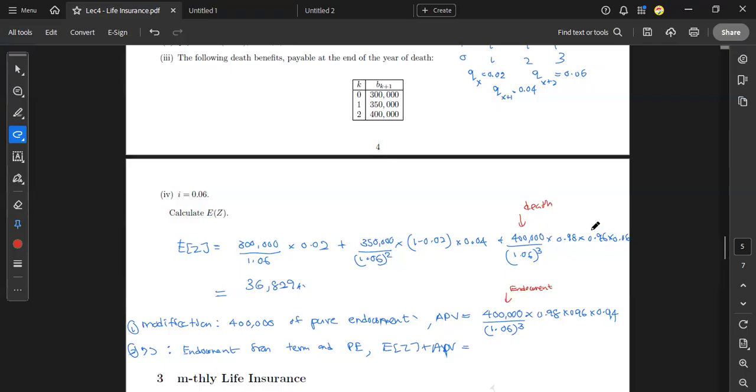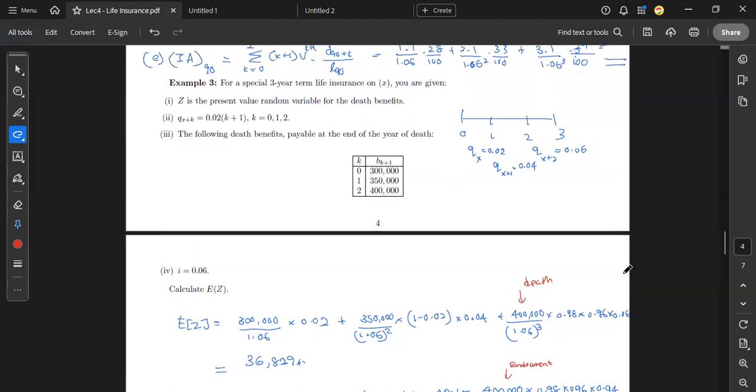So when you get the summation for this one, if you take these three terms as the common factor, the summation of these two goes to 1. That means if you have an endowment insurance, you just need to know whether that person has survived for the first n minus 1 years.